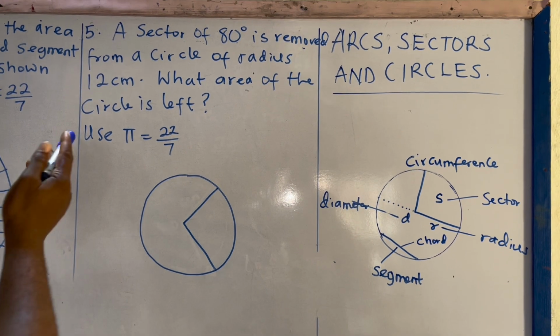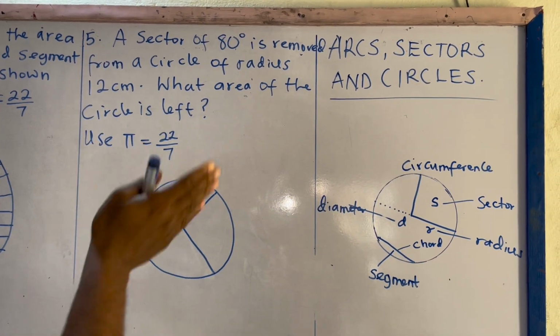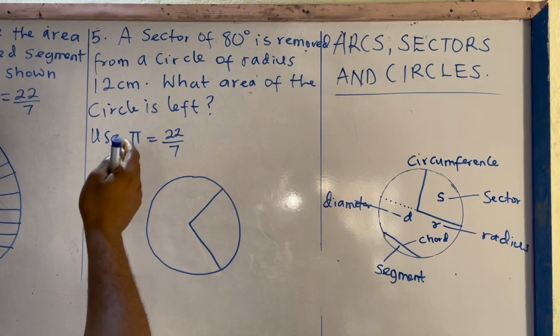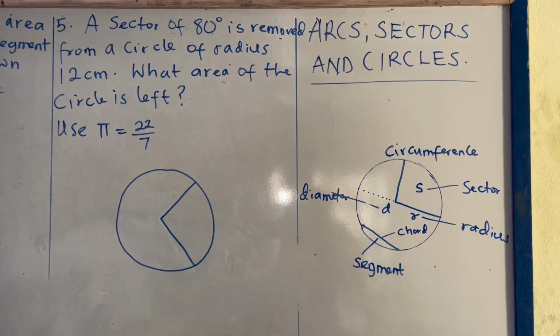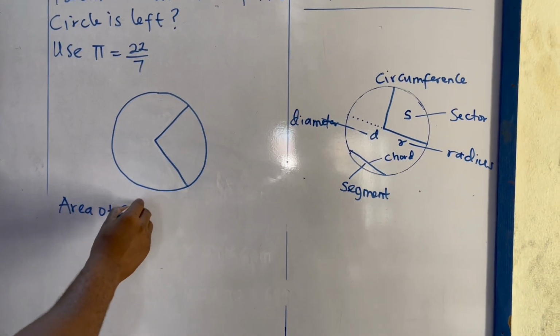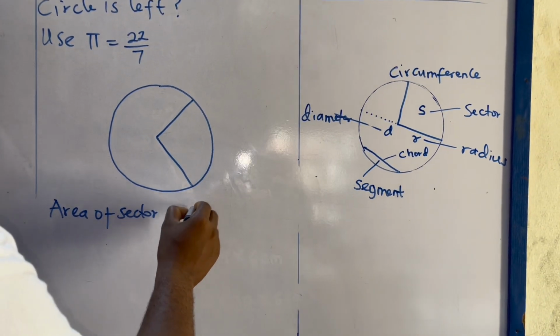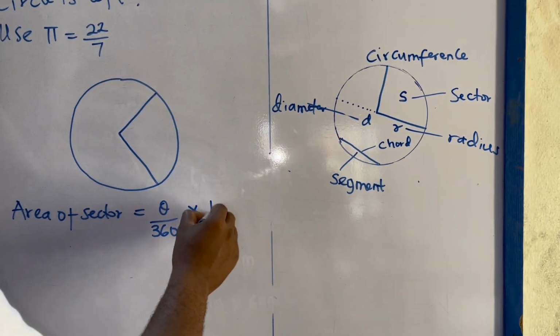Alright, for example 5, a sector of 80 degrees is removed from a circle of radius 12 centimeters. What area of the circle is left? Now to calculate the area of a sector, the area of a sector is theta over 360 times pi r squared.